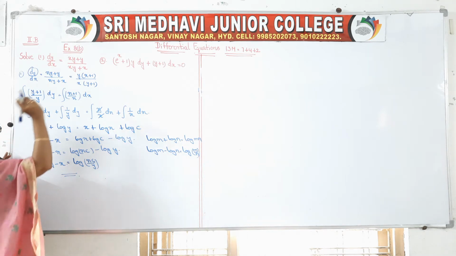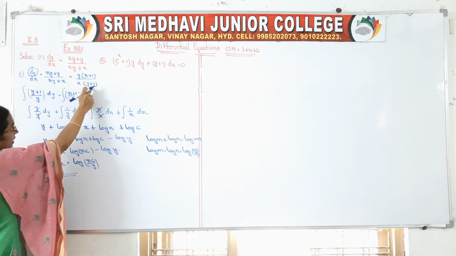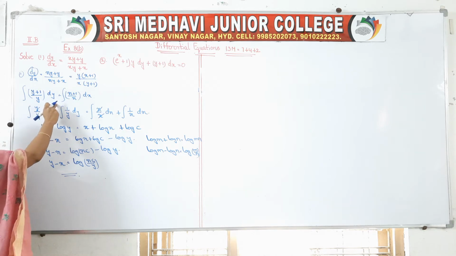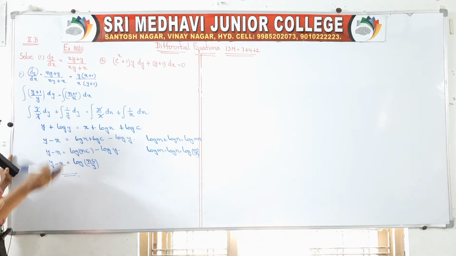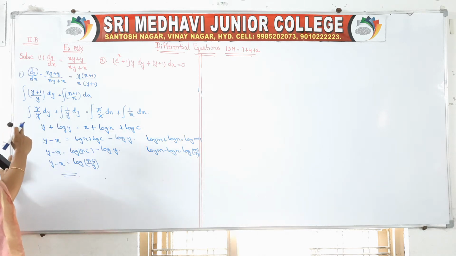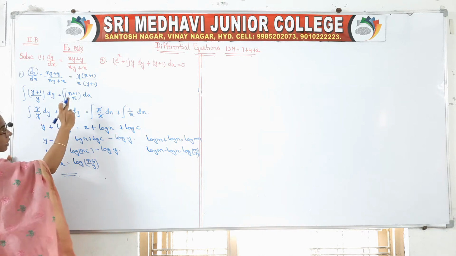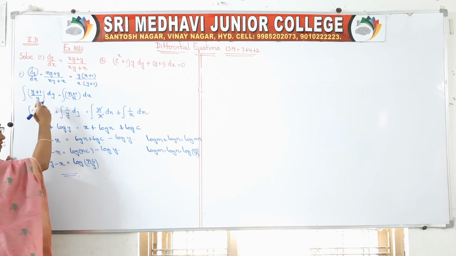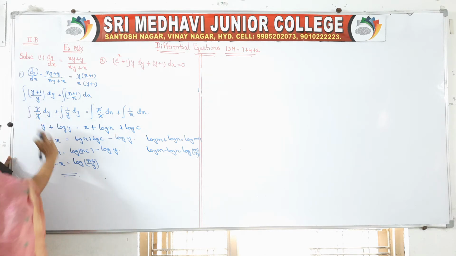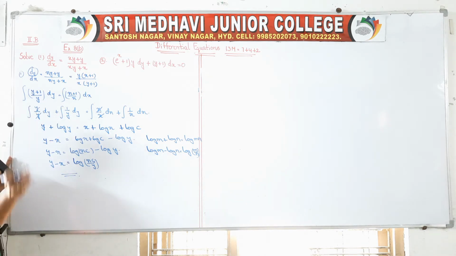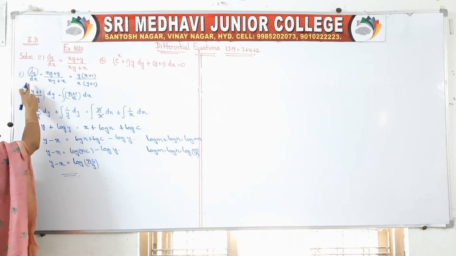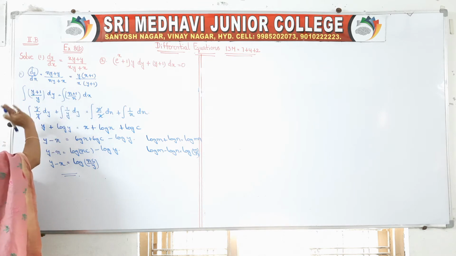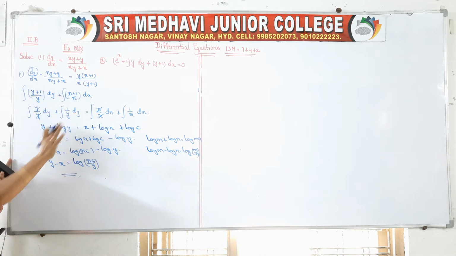So come on, now send all these y terms this side, so the dy is there, right. So y terms into dy, the y term should come along with the dy, dy is this side, that's why you have to send y terms that side. So here y by (y plus 1), if you send, it will be reverse, (y plus 1) by y into dy. Similarly, here (x plus 1) by x, x terms are there, dx is downward, send dx that side. So now y terms into dy and x terms into dx.